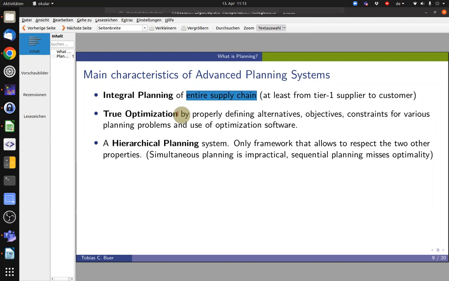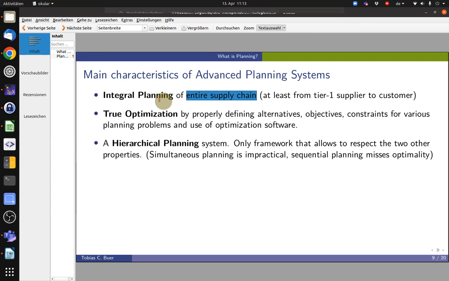And we try to know our constraints for all the planning problems, and we use optimization software that will be introduced in courses like modeling language, operations research, advanced operations research here in Georgia Tech. So this is a software-based optimization approach with exactly defined objective functions.